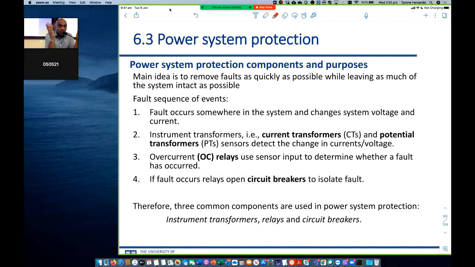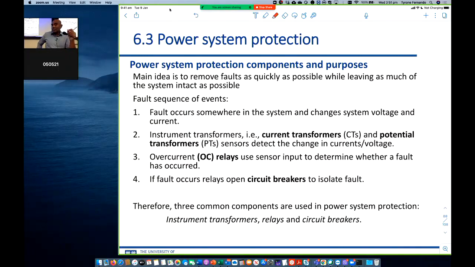So if you're wondering how a transformer can be a sensor, the current transformers, called CTs, and VTs, current transformer and voltage transformer, can be sensors, right? That's what is written here, or potential transformers, PTs, same as voltage transformer. They are called instrument transformers, either current transformers or potential transformers, sensors that can detect changes in currents and voltages.